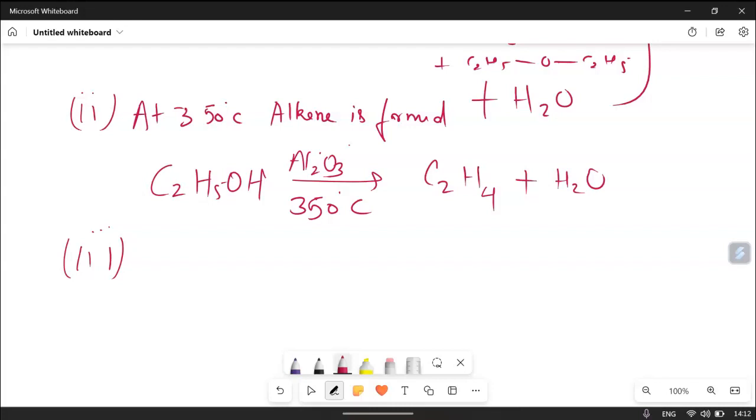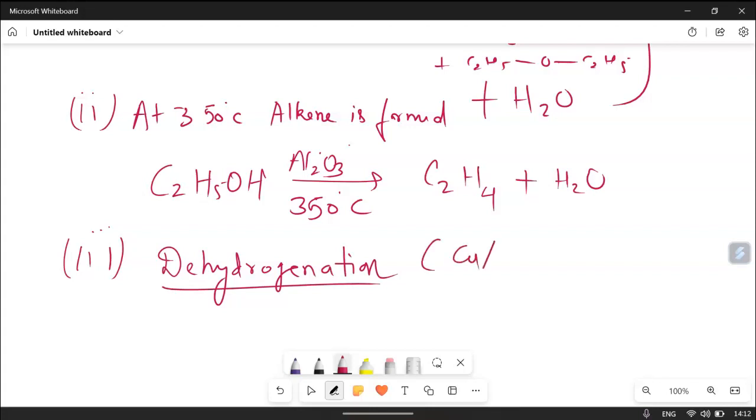If the same reaction occurs, which is also known as dehydrogenation, in this the copper is at 300 degrees Celsius. We have to react.